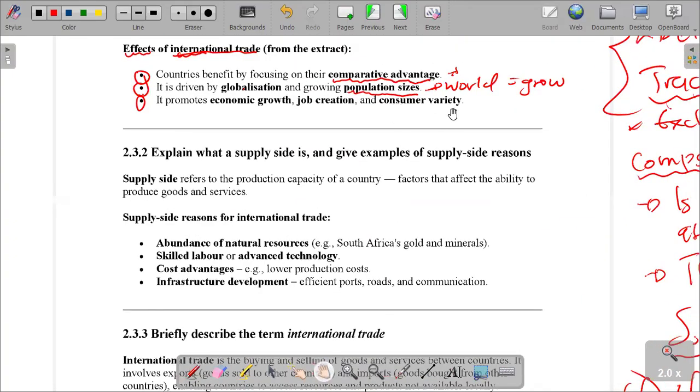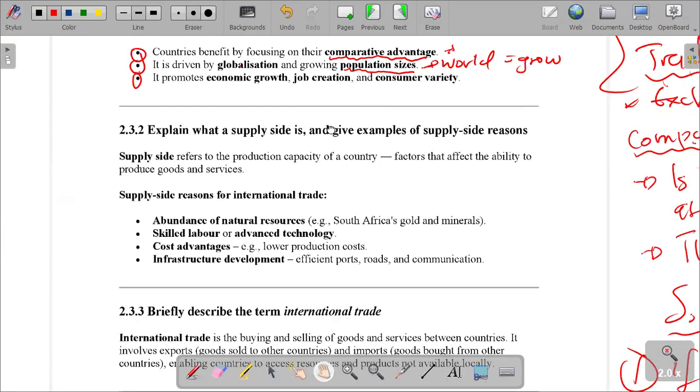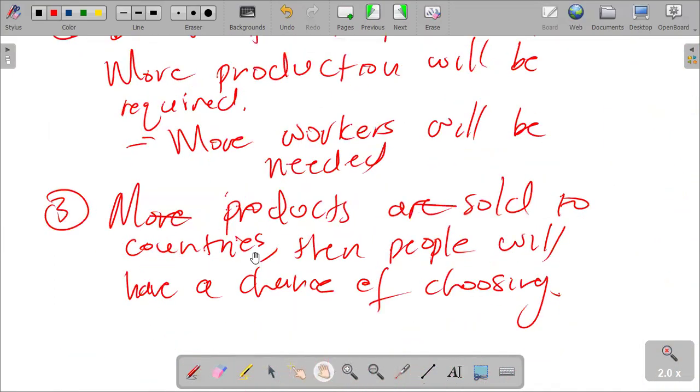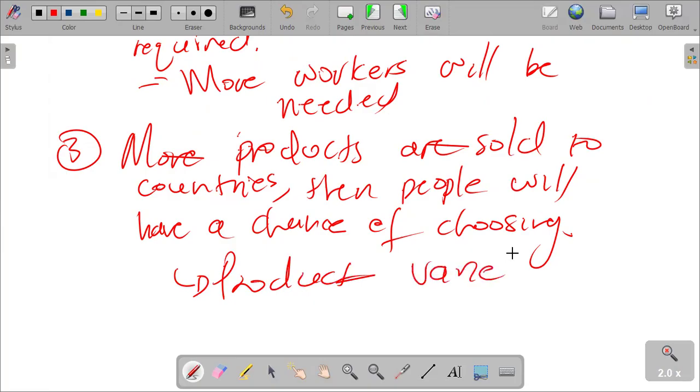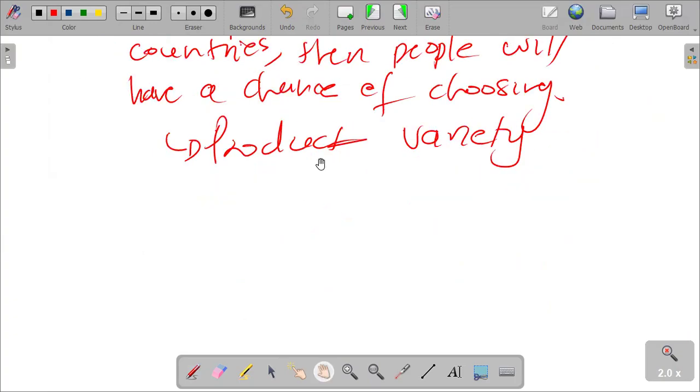Or rather, product variety. So there's a difference. There's product variety and then consumer variety. Consumer variety means that you'll be selling to more different people. So this one is product variety. If more products are sold to countries, then people will have a choice of choosing. That's product variety, meaning that people can choose from a different type of product.